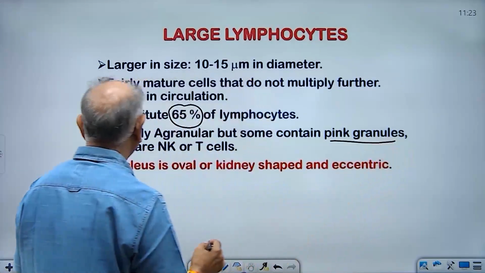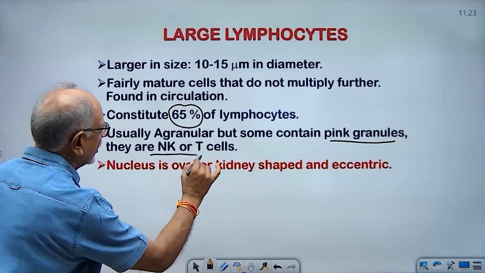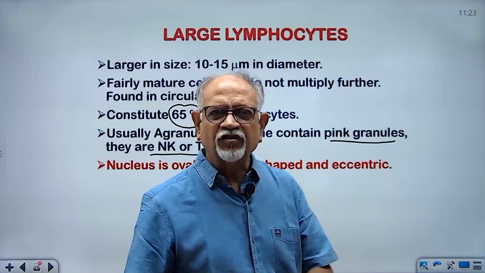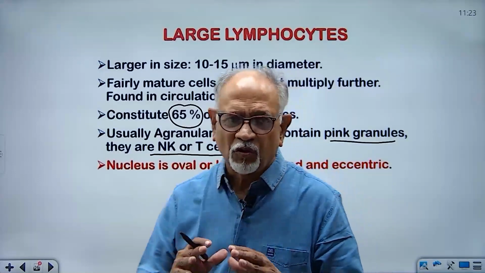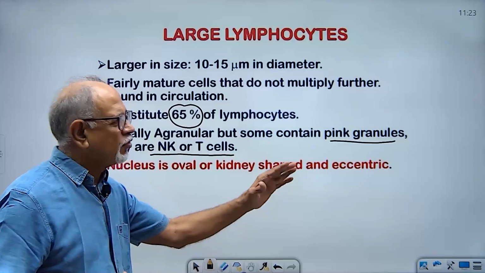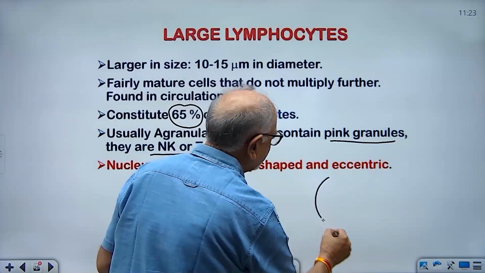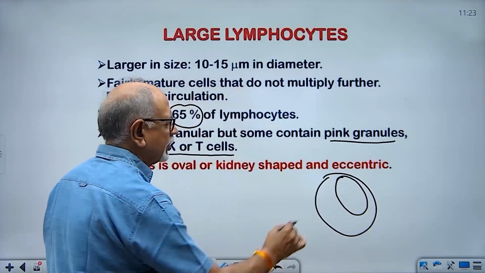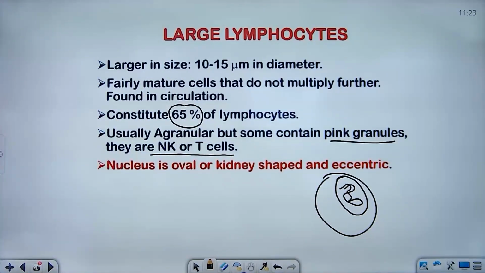In such case, when such granules are found, they are called NK cells or T cells, that is natural killer lymphocytes or T lymphocytes. Their nucleus is oval and it is displaced towards one side of the cell. We call it eccentric nucleus.